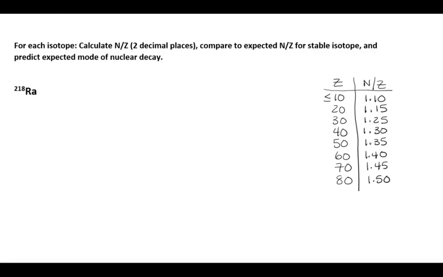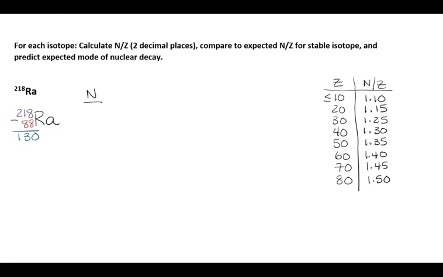In our second example, we have radium-218. So writing our notation, 218 for the mass. Radium has atomic number 88. So 88 for Z. Subtracting these, we get 130 for the neutrons.